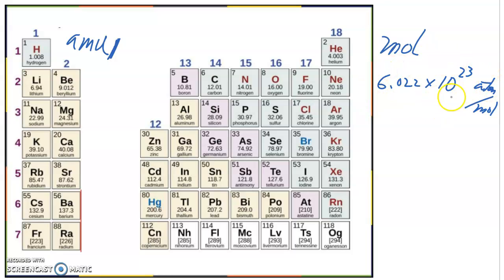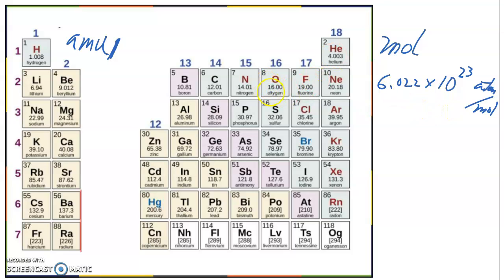It is just a conversion unit. For example, in daily life, sometimes we hear about the unit dozen. What dozen means is 12. In this case, 1 mole means 6.022 times 10 to the 23rd power, that many atoms or molecules.